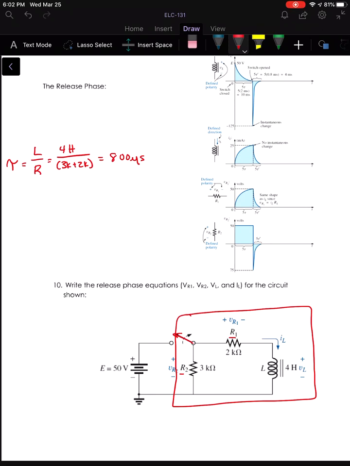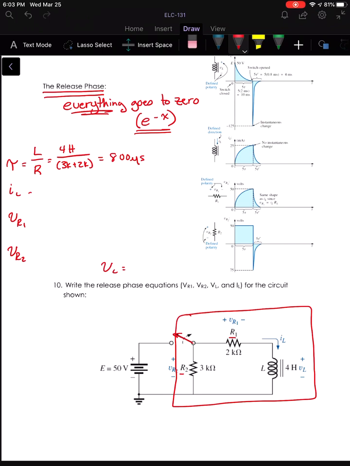Okay, so let's look at what everything is doing in the circuit. In the release phase, everything goes to 0. What does that mean? It means everything has the shape e to the minus x. All the equations: I sub L, we've got VR1 and VR2 in this case, and VL also.